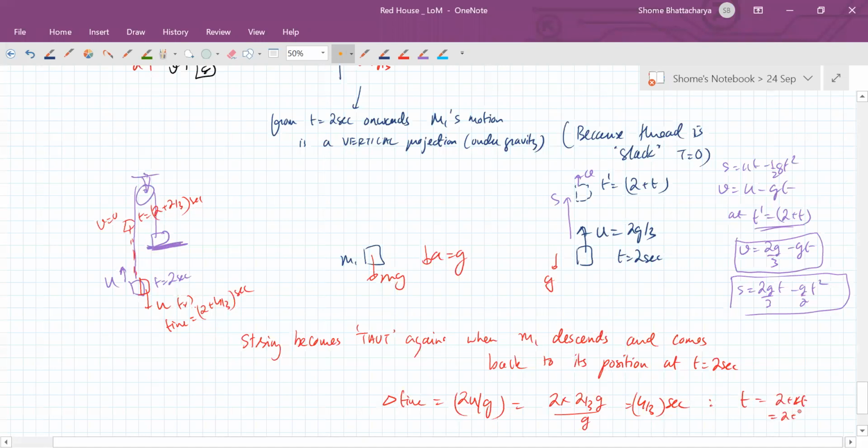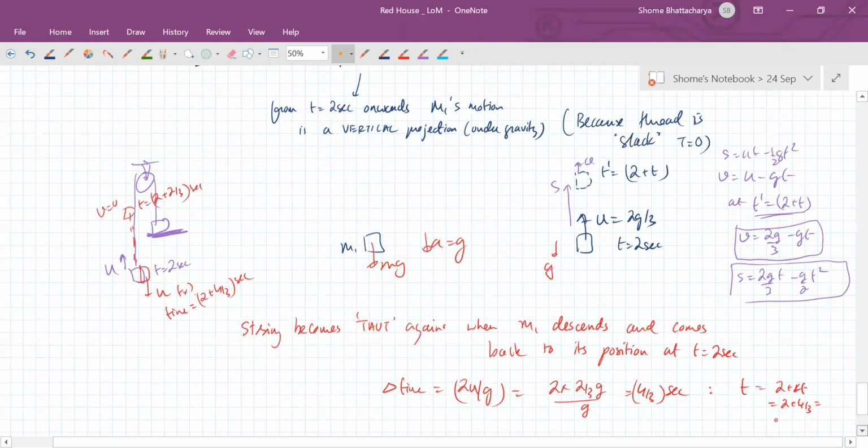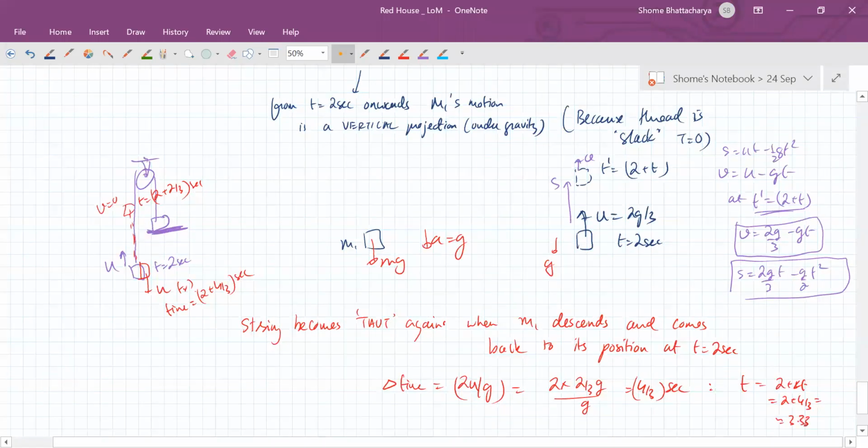So it will be 2 plus 4 by 3. So that is 10 by 3 or 3.33 seconds. This is the time at which it returns back to where it started from. So the string just about becomes tight again.